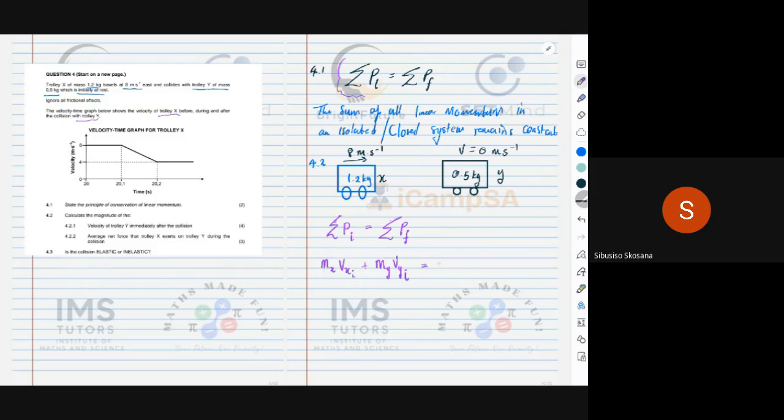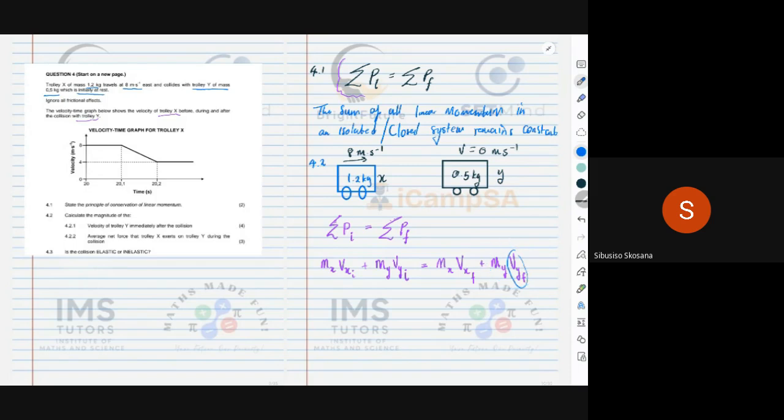Then we have mass of x, velocity of x final, plus mass of y, velocity of y final. We want trolley y immediately after collision, so we are interested in this v here.